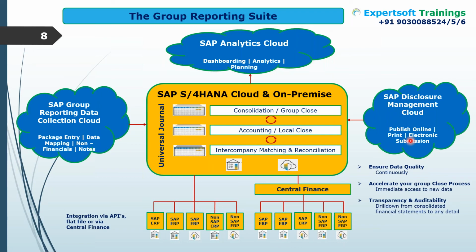It is possible to publish online to the respective agencies, normally the register of companies. Whichever legal authority applies in each country, it is possible to publish from SAP disclosure management.